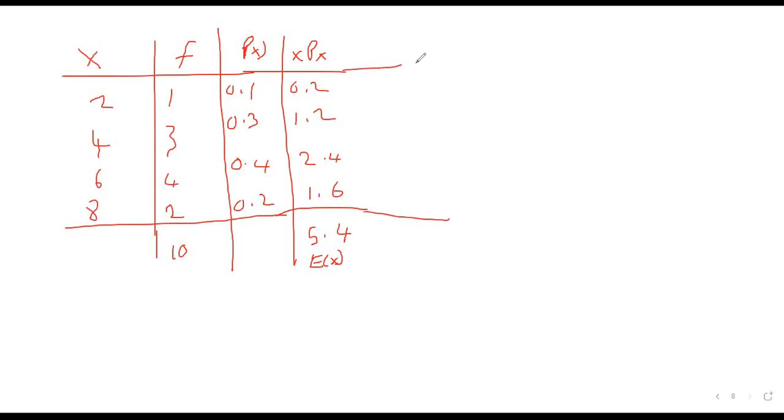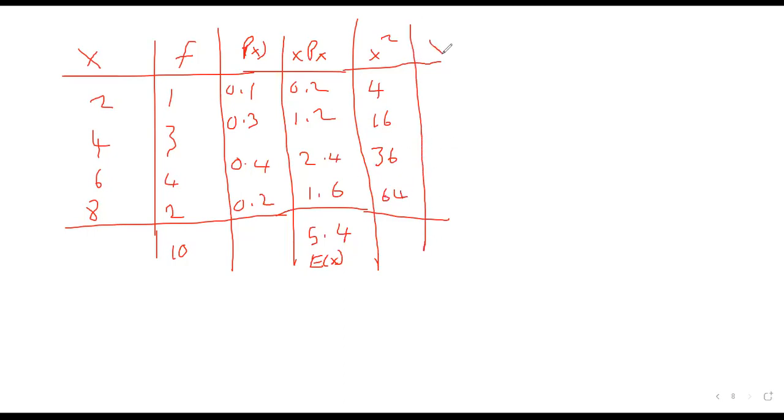To find the variance, square the x column first. We have 4, 16, 36, 64.